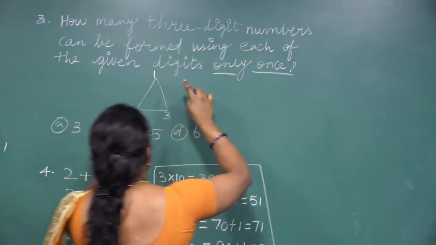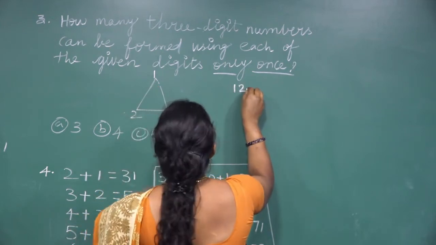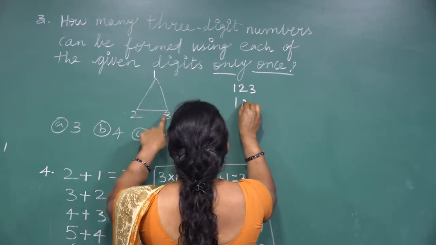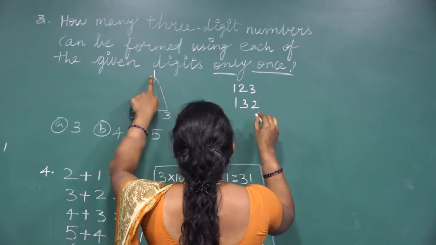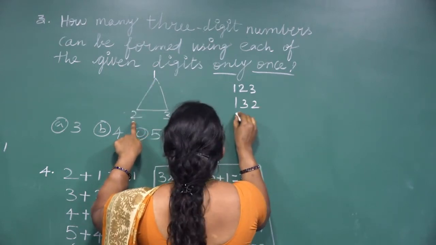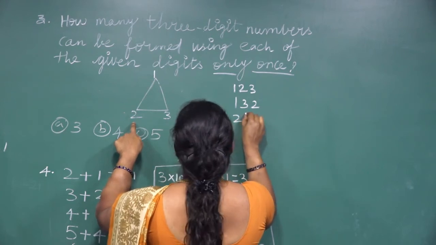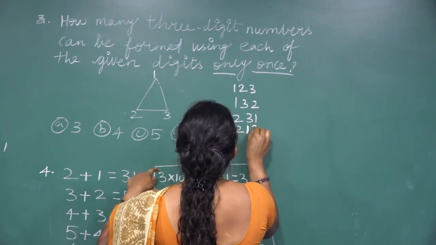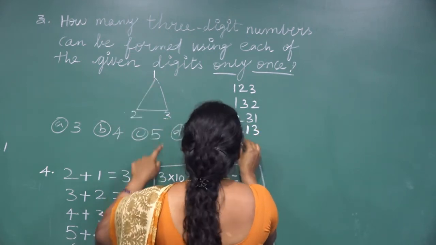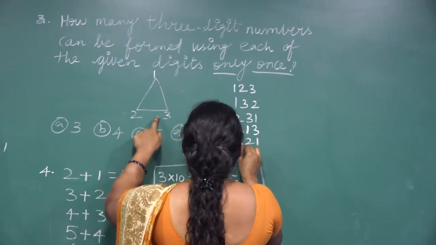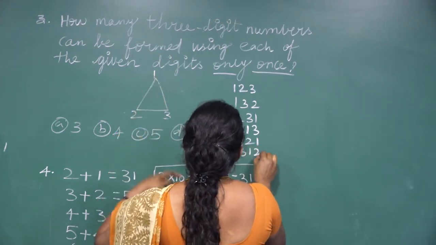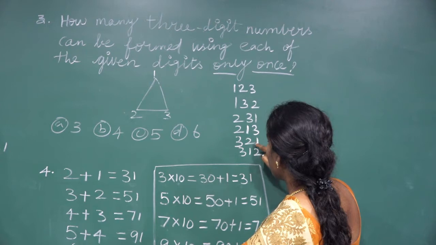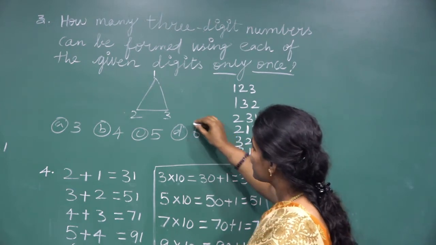See here: 1, 2, 3. 1, 3, 2. 2, 3, 1. 2, 1, 3. 3, 2, 1. 3, 1, 2. Totally how many times? 1, 2, 3, 4, 5, 6. 6 times. So the answer is 6.